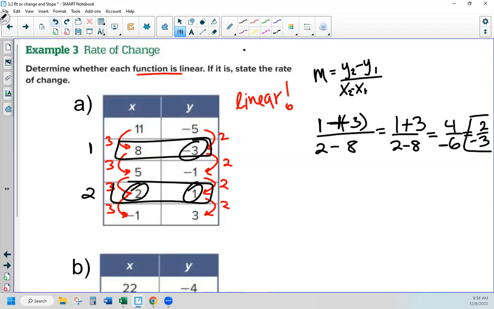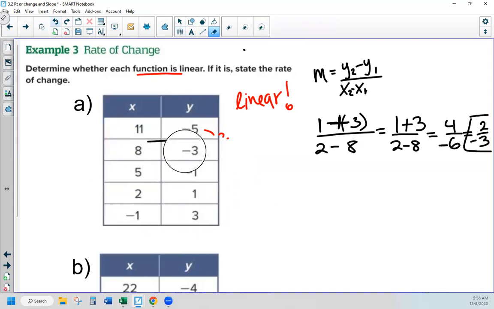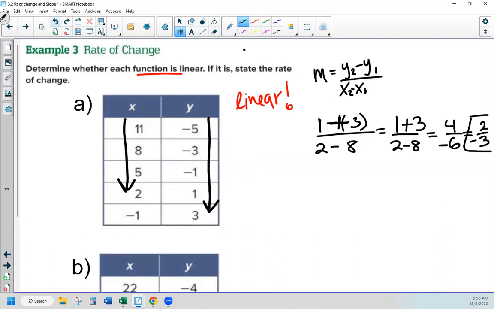Now, does it make sense that my slope is negative? It should make sense when you look at the table and notice that as my x numbers are going down, my y numbers are going down. So this is a negative function.